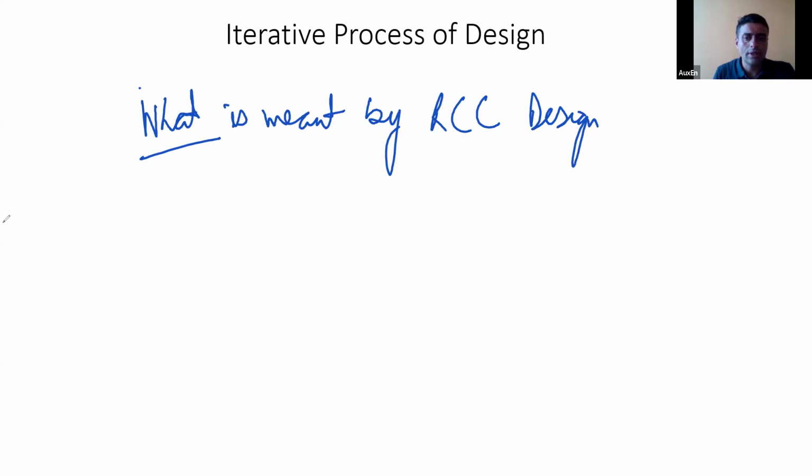So for reinforced concrete structures, when I say that I want to carry out the RCC design, what do I mean by it? Very quickly. First of all, I would like to finalize the size.